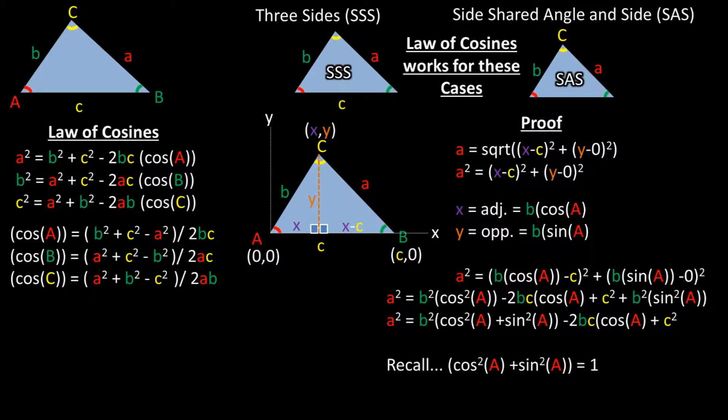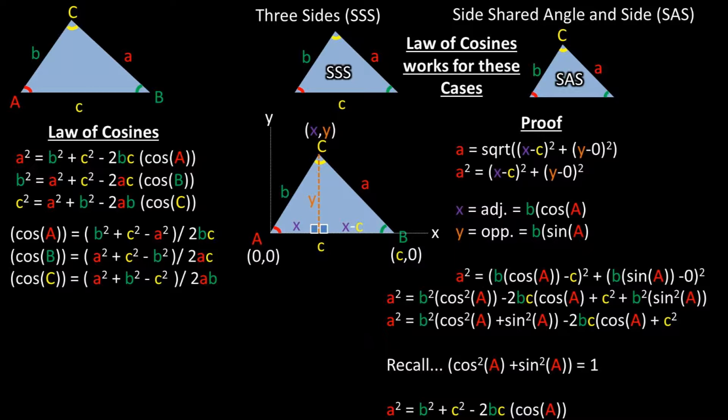Recall that cosine squared of an angle plus sine squared of the same angle is a trigonometric identity equal to 1. Plugging that 1 into the equation and doing a little rearranging, we are left with a squared being equal to b squared plus c squared minus 2bc times the cosine of angle A.